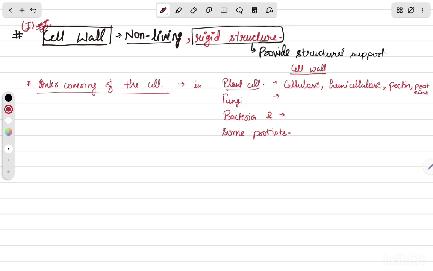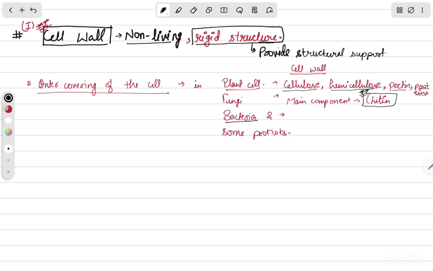If we consider cell wall of fungi, the main component of cell wall of fungi is chitin. It is very important for your NEET examination. It has been asked many times that cell wall of fungi is made up of chitin. Cell wall of plant is made up of cellulose, hemicellulose, pectin, and some protein, or we can say lignin, right?